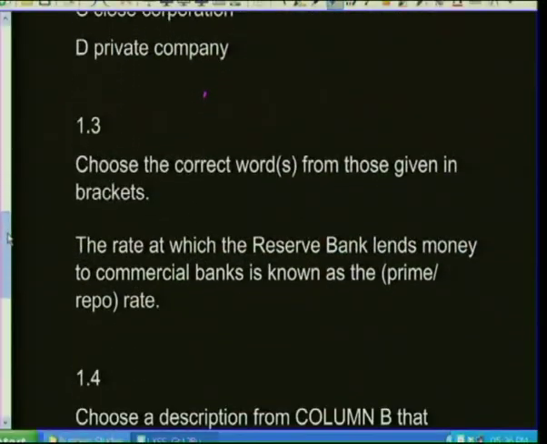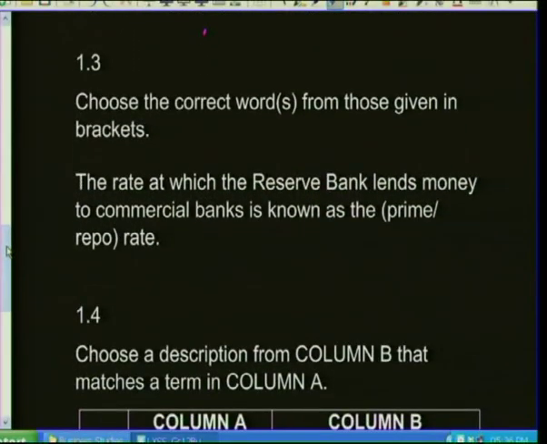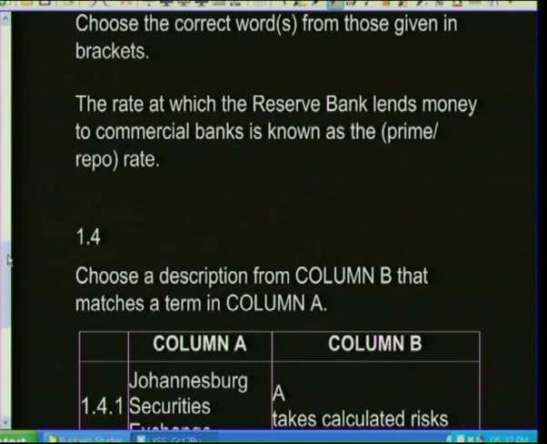Let's look at question 1.3. Choose the correct words from those given in brackets. The rate at which the Reserve Bank lends money to commercial banks is known as the prime or the repo rate. Now, let's quickly think about what that is. What is the prime rate? That has to do with lending out money to the public.